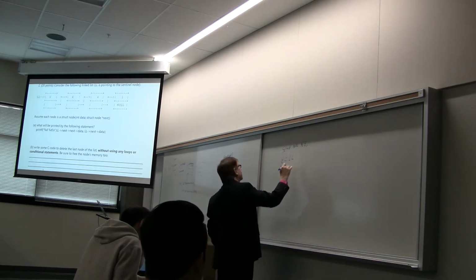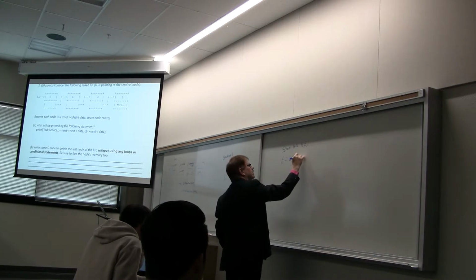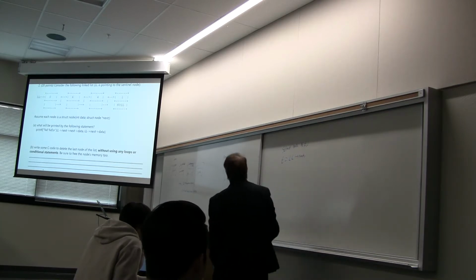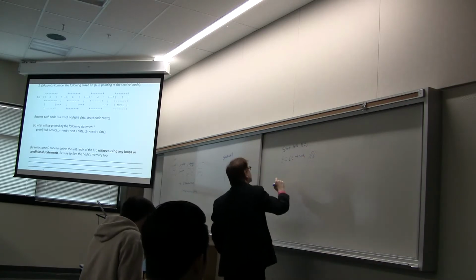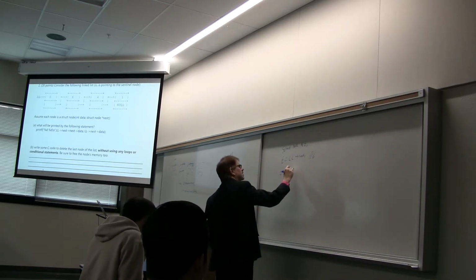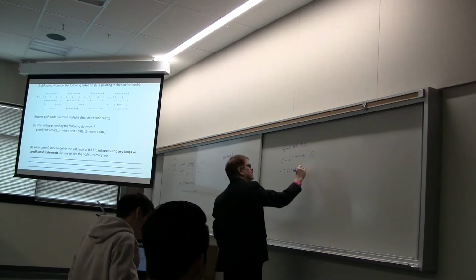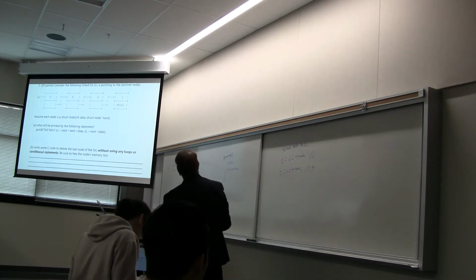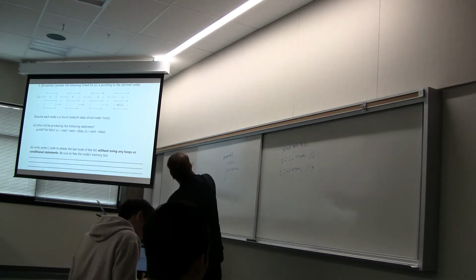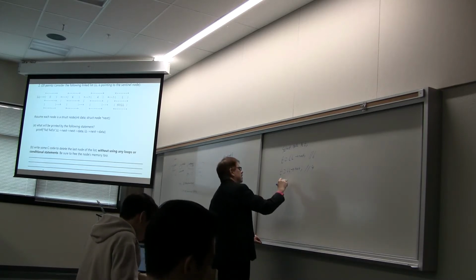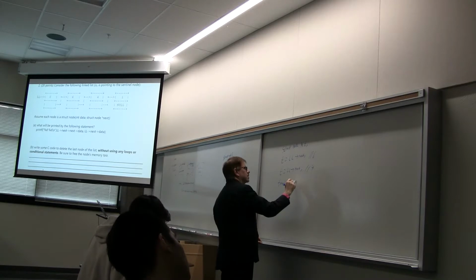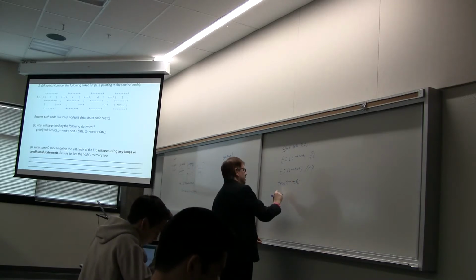T equals LL arrow next. So LL arrow next, that's the 6 node. T equals T arrow next. That's the 4 node. So now T is pointing to that 4. So free T arrow next. And then T arrow next equals null.